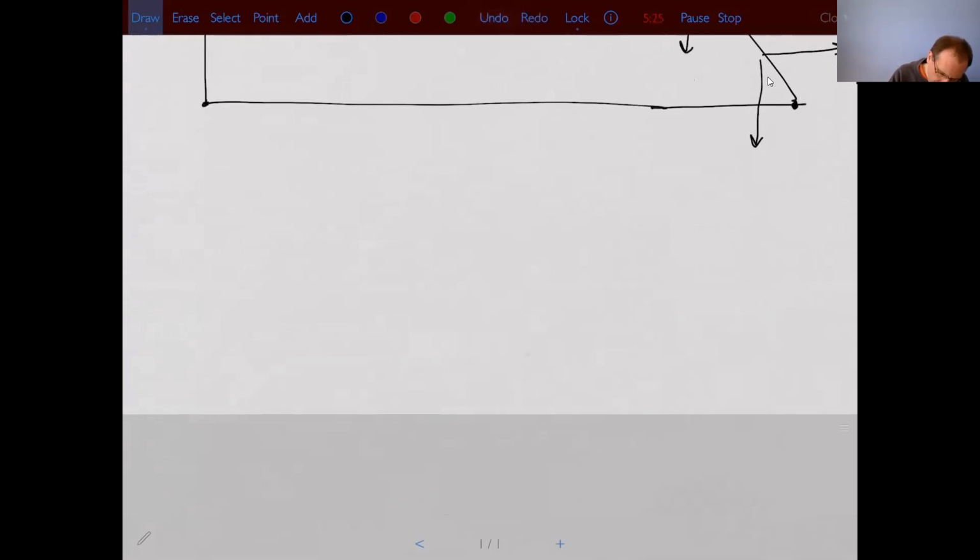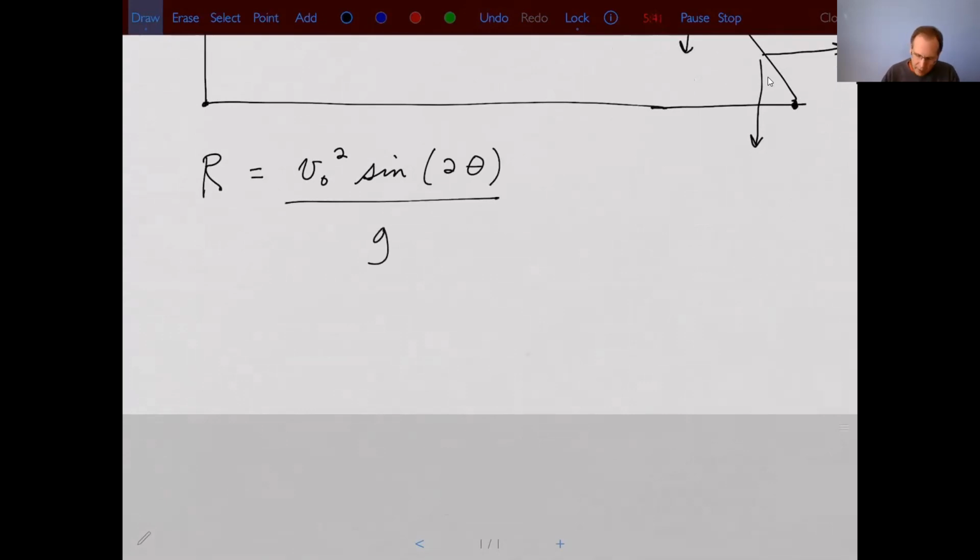So the range, which I'm going to call R, is equal to V naught squared sine of 2 theta divided by g, where V naught is the launch velocity or launch speed.